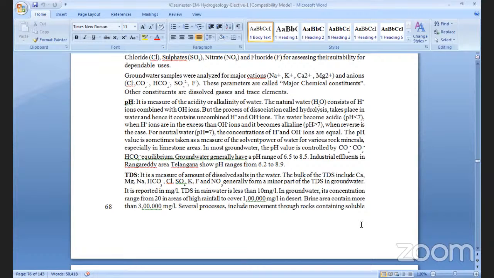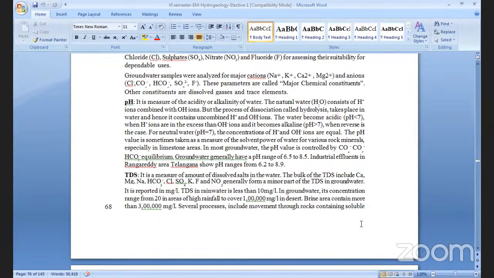And next, coming to total dissolved solids, called TDS. The bulk amount of total dissolved solids may include calcium, magnesium, sodium, bicarbonates, chlorides, sulfates, potassium, fluoride, and nitrates also. And there is some limit.